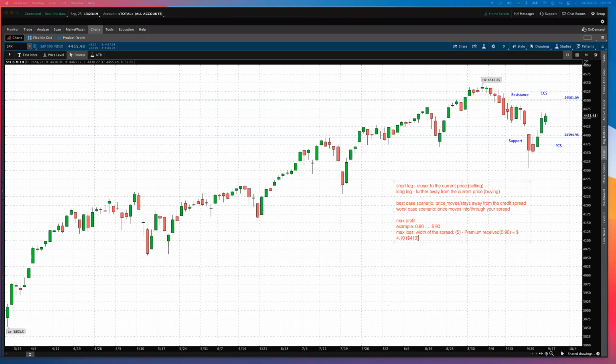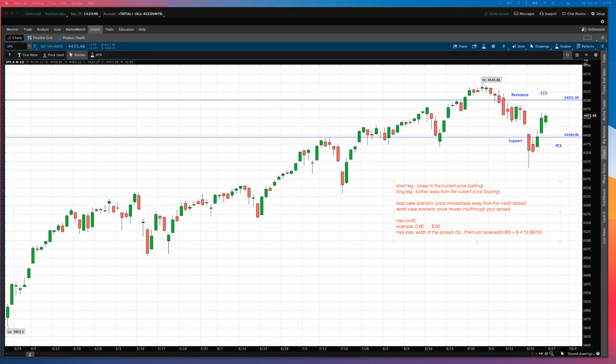So the risk reward on this thing is not so great, is it? It doesn't seem so hot. Why do people do this? Why do people risk $410 for 90 cents? That's a good question. I'm still trying to find the answer, but I think the reason is that all you have to do is get the right direction.